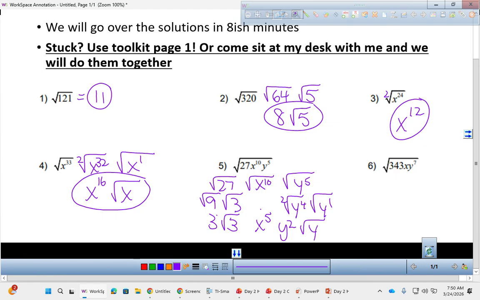Your final answer, though, needs to be reformatted. So I need to take these terms that came out of the root and write them together. And then the terms that are in the root, I'm going to write them together. So the final answer for this one is 3x to the 5th, y to the 2nd, root 3y.